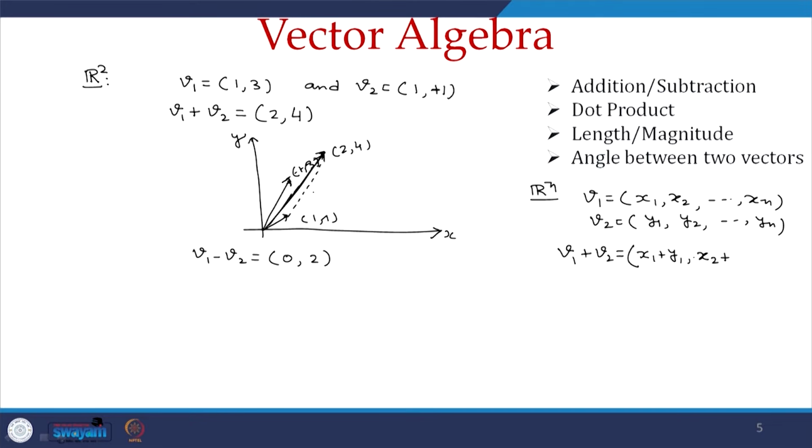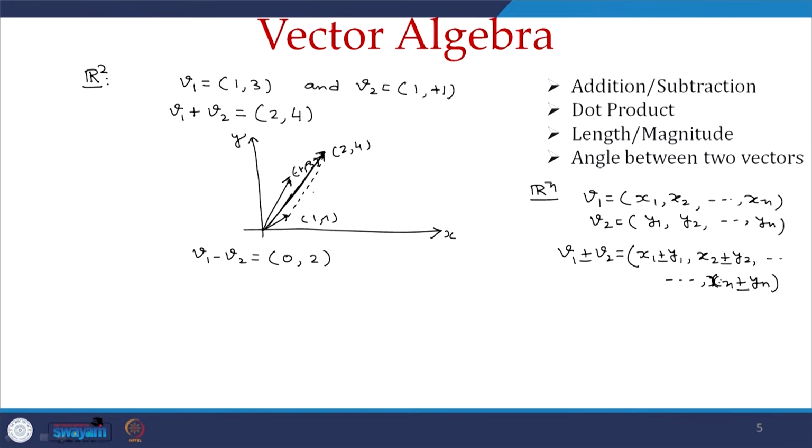So, x1 plus y1, x2 plus y2 and so on, and then you will be having xn plus yn. So, this is v1 plus v2. Similarly, you will be having v1 minus v2 in this way. So, x1 minus y1, x2 minus y2, xn minus yn.